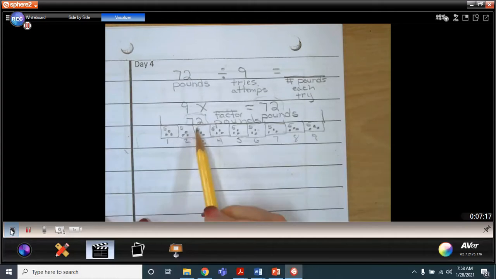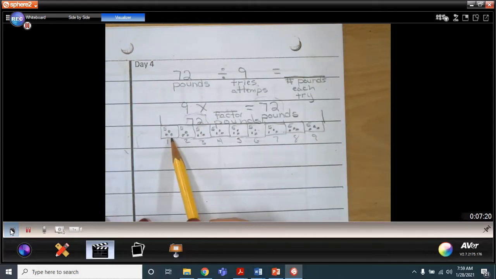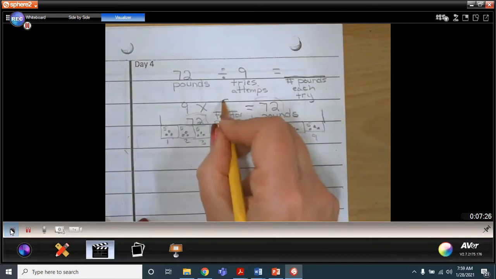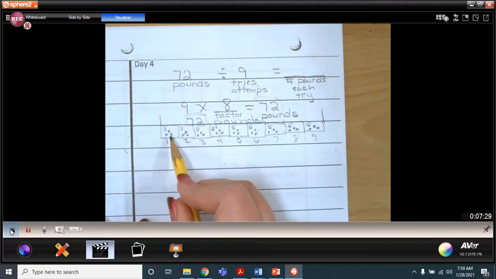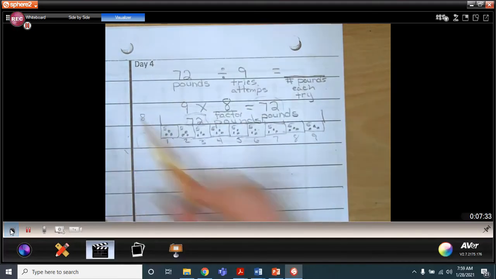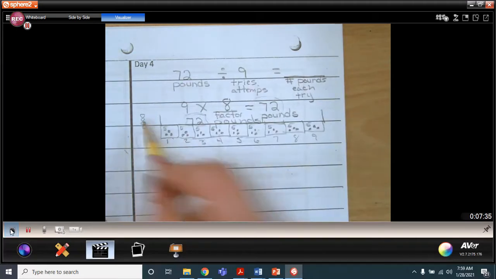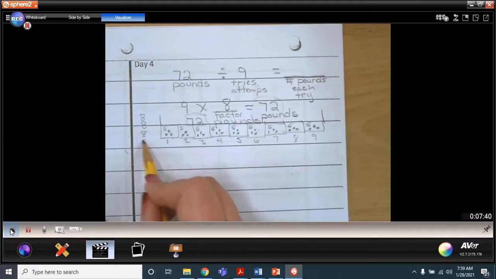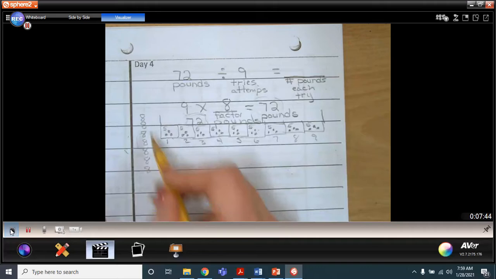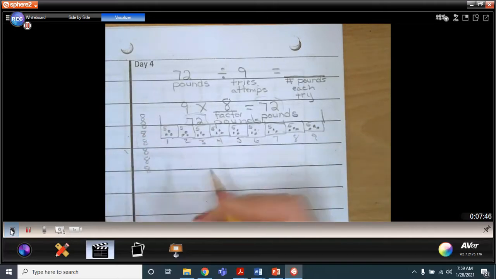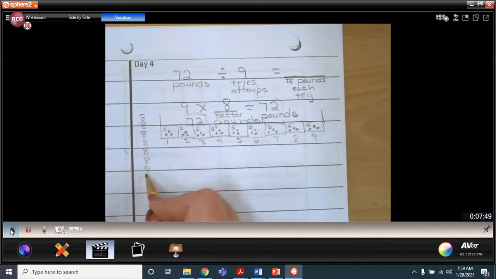So again, we can see that in each of these groups, he lifted 8 pounds each time. Each time he lifted this 8 pounds, they added it, and as he continued to lift, you are repeatedly adding up to 72.